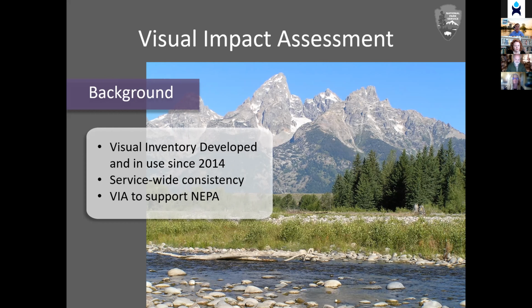Parks in the past have come up with methods to understand their landscapes and assess the impacts of projects, but it was kind of a one-off, do what you can for this immediate need. There was no real method from one park to another. And of course, as with any federal agency, this is really going to be built to underpin NEPA in the long run. That's one of its primary purposes.